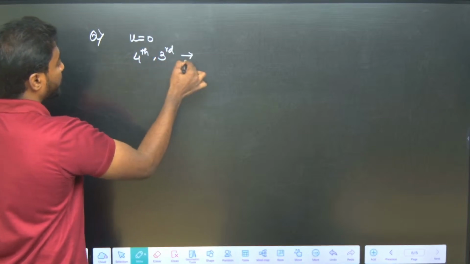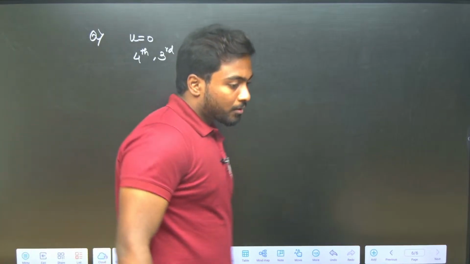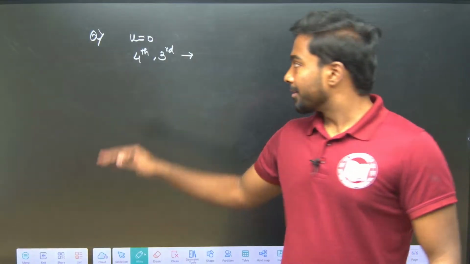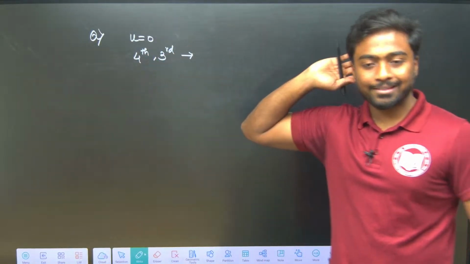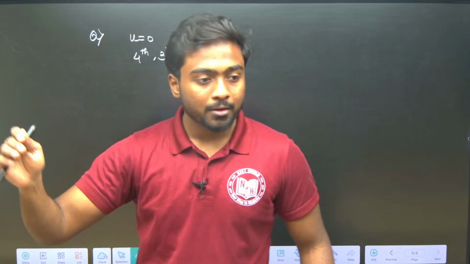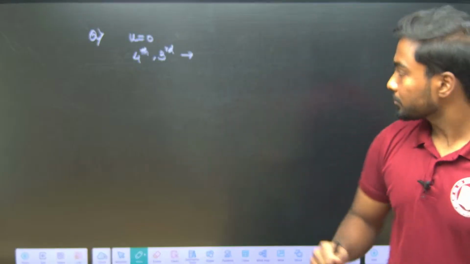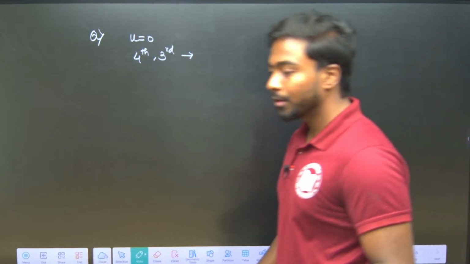What is the displacement happened? Initially the body is at rest, going with constant acceleration only. The thing they are asking is displacement at 4th second and 3rd second.